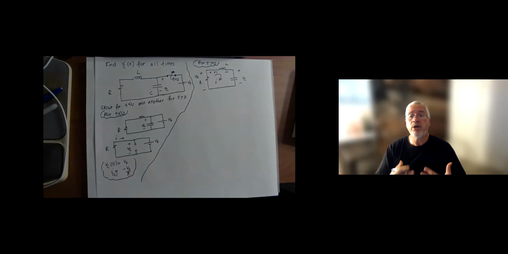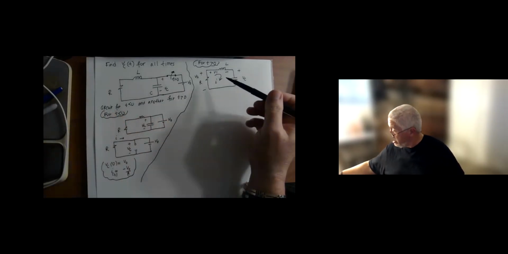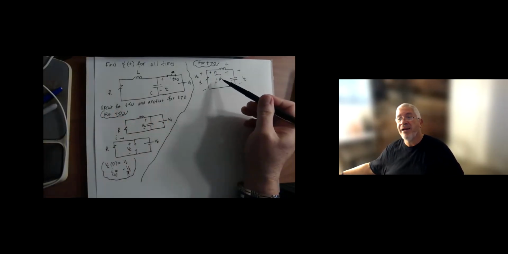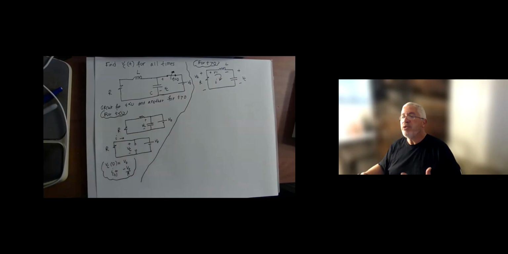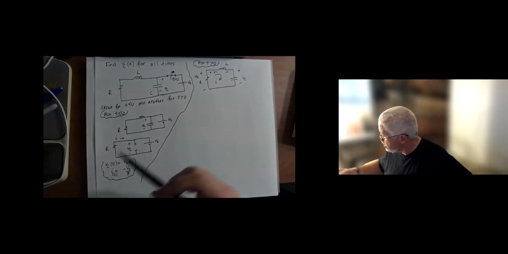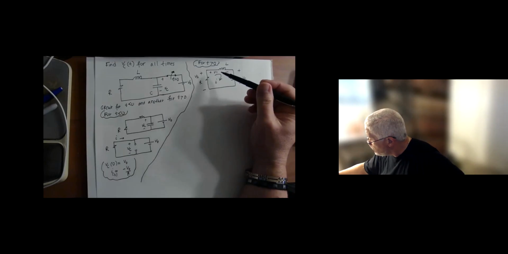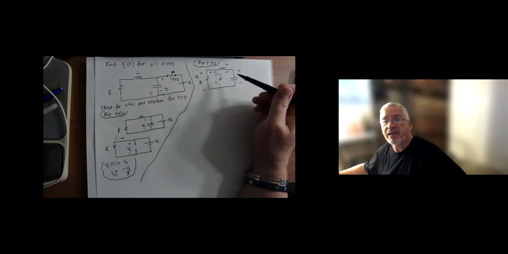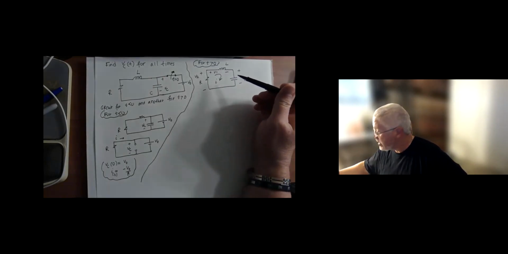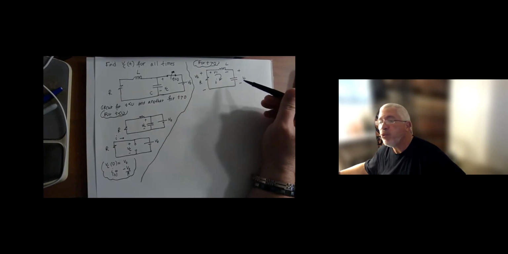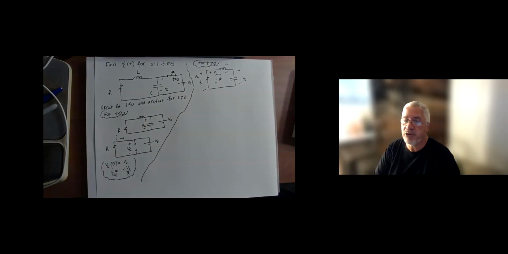So again, when we do mesh, we essentially prepare the circuit by identifying the finite mesh. I know this is a simple circuit. We have only one mesh, but it still shows you the process here. Then we put voltages on our passive elements. If one doesn't exist, as in the case of VC, we don't need to add another voltage. We already have the voltage on the capacitor. When I say voltage on the passive elements, I mean on each resistor, inductor, and capacitor. We don't put voltages on sources.